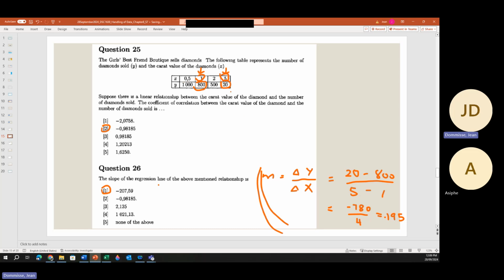So if we set y 500 minus 1000, and x 2 minus 0.5, so that would have been at the top minus 500 and at the bottom 2 minus 0.5, which is 1.5.